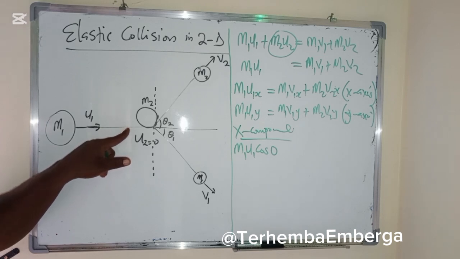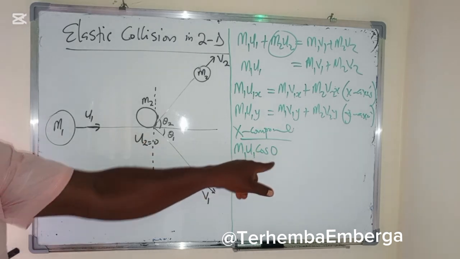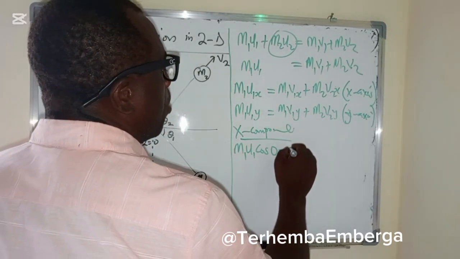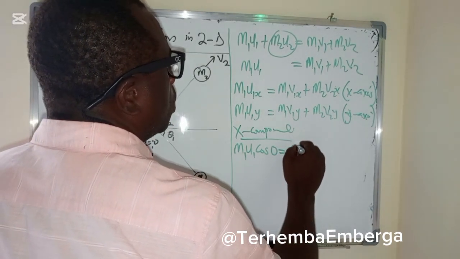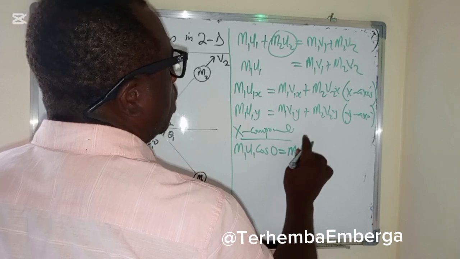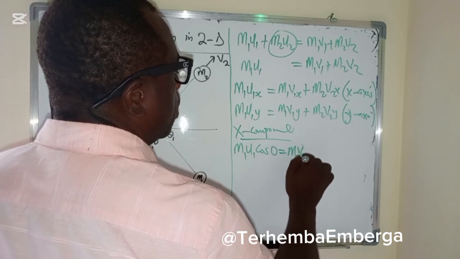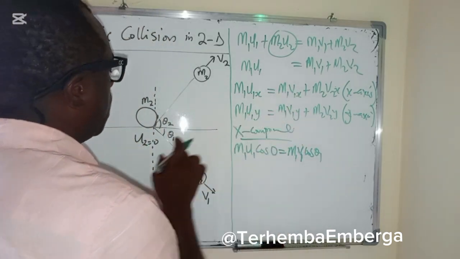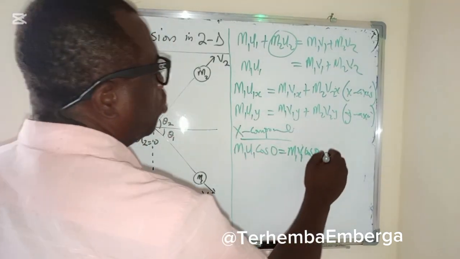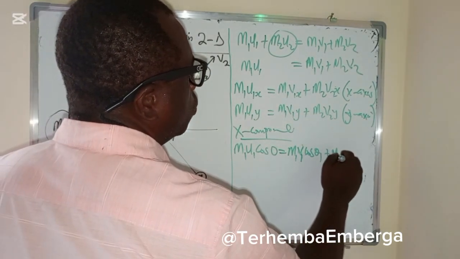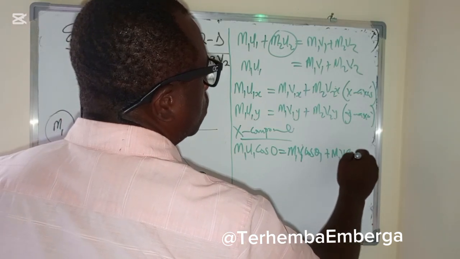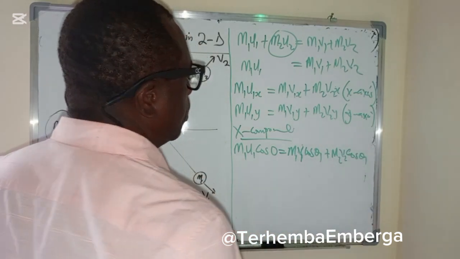That is equal to m1 v1 cos θ1, because here an angle is involved, plus m2 v2 cos θ2.